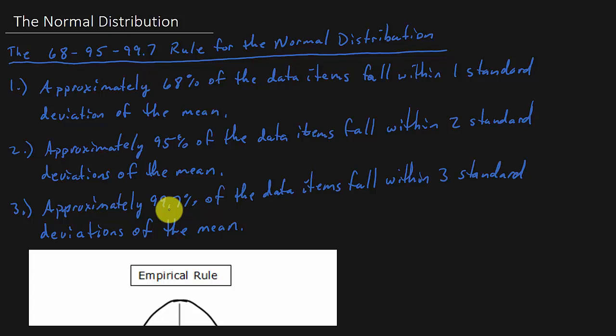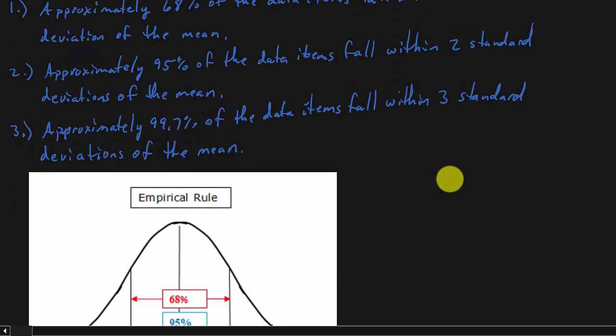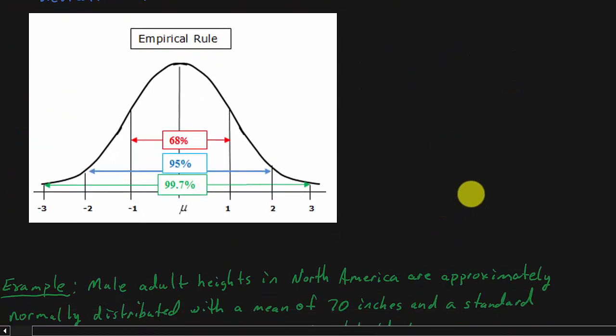Now, don't worry if that didn't make sense to you. I'm going to go over it and explain it through examples and stuff like that, and it'll clear up. So first, before we get into some examples, let's just look at what we mean by that.